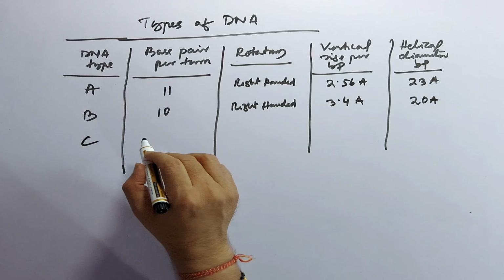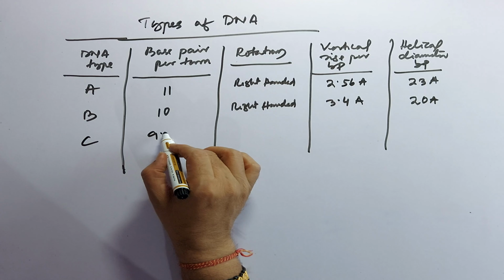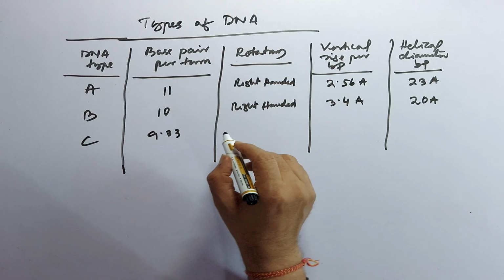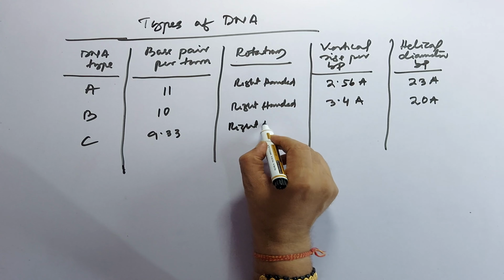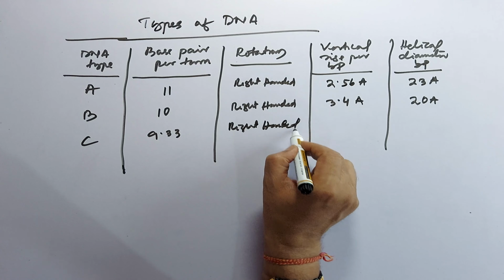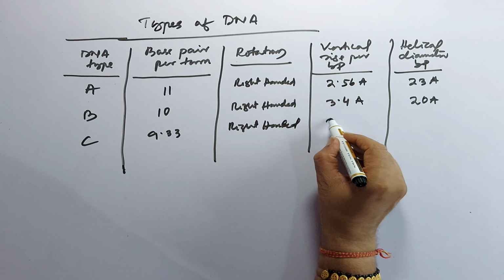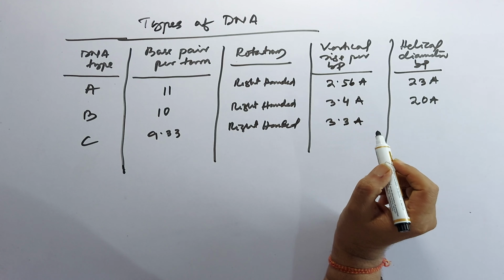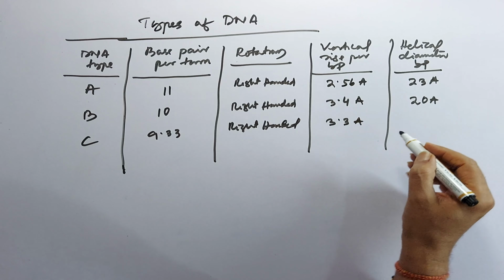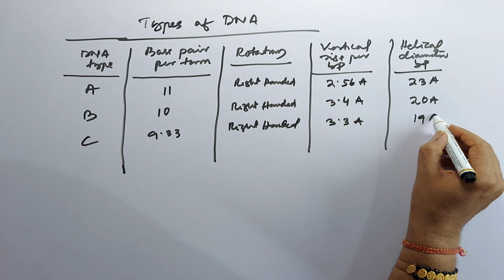Then C-DNA is 9.33, right-handed, with 3.3 angstrom and helical diameter 19 angstrom.